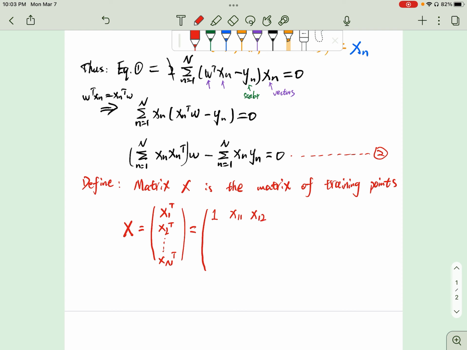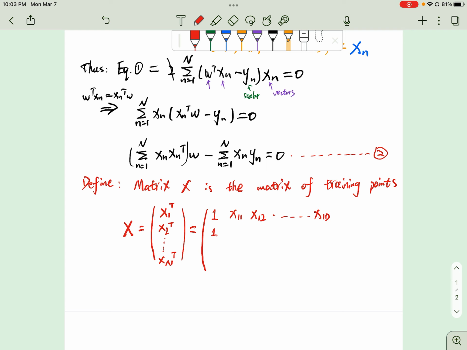So you now see why I put two subscripts on the X. The first one means the first sample, and the second number means it's the second feature belonging to the first sample. So this may be confusing here, and X1D here. And the second row is also the same.